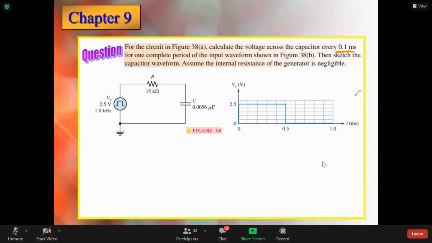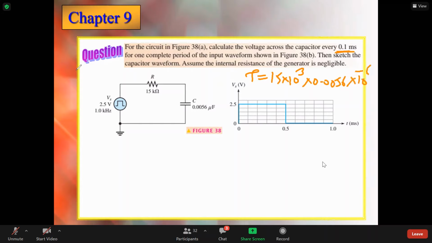The very first thing is to calculate the tau, correct? We can easily calculate the tau first. So how much is the tau? RC: 15 times 10 raised to power 3 multiplied by 0.0056 micro.